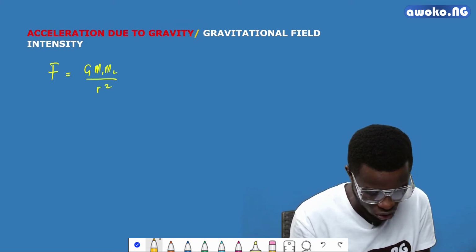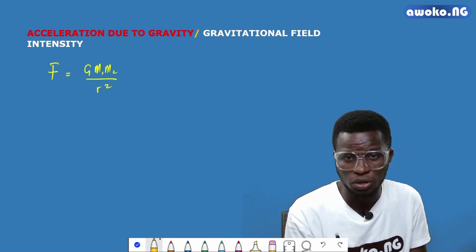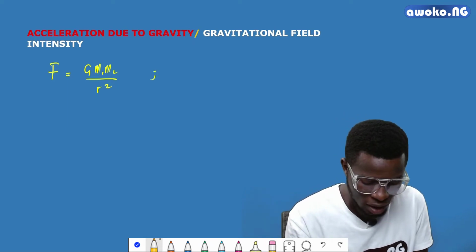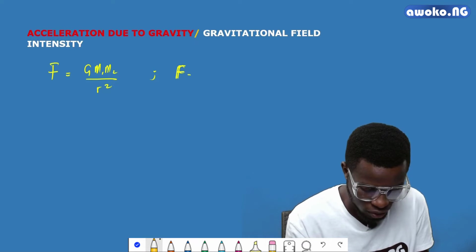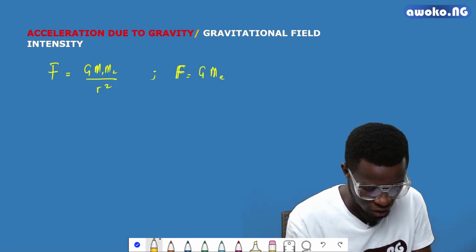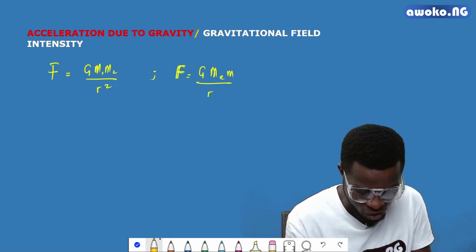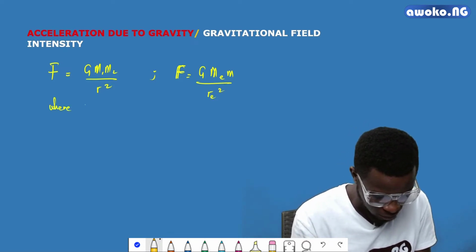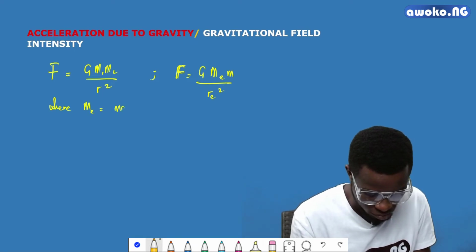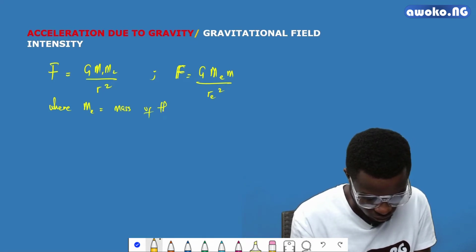m2 over r squared. Since we are considering the acceleration due to gravity and this revolves around the earth, we can say that F is equal to G Me m all over Re squared, where Me is equal to the mass of the earth.